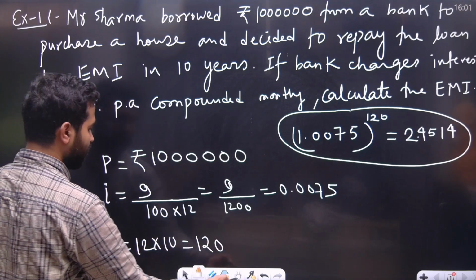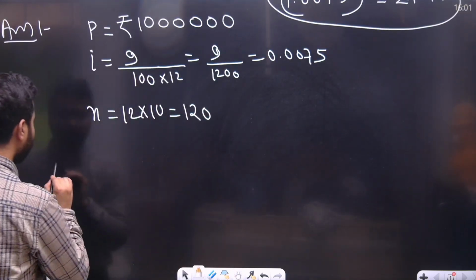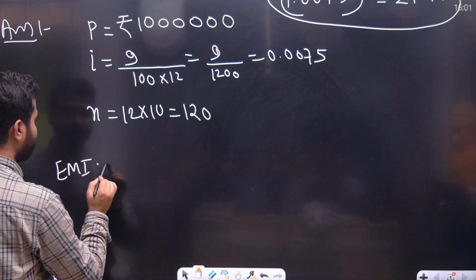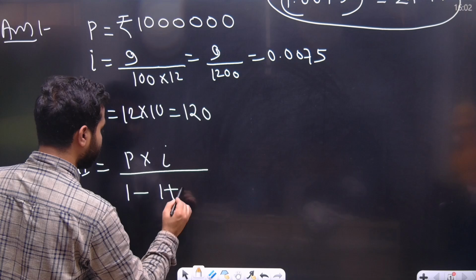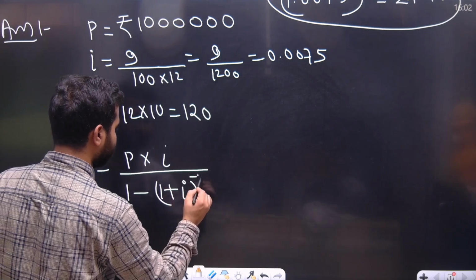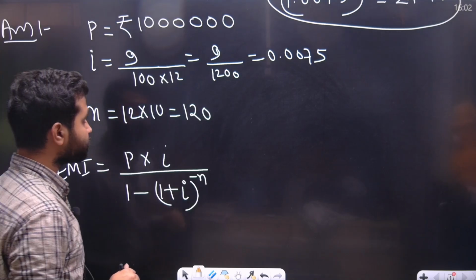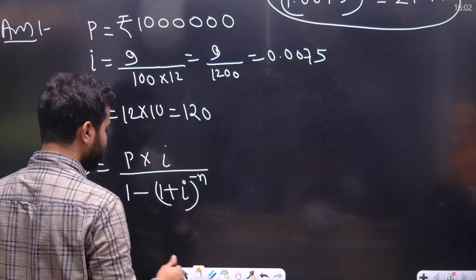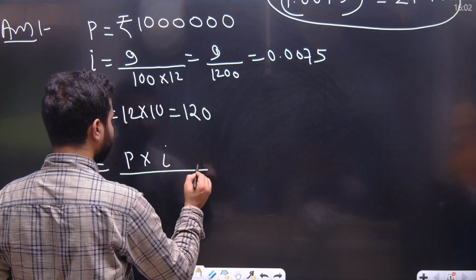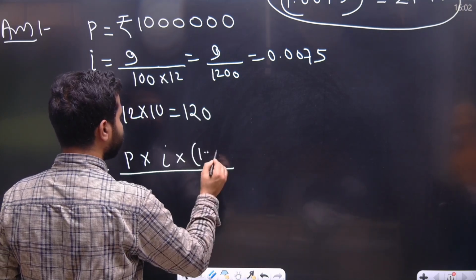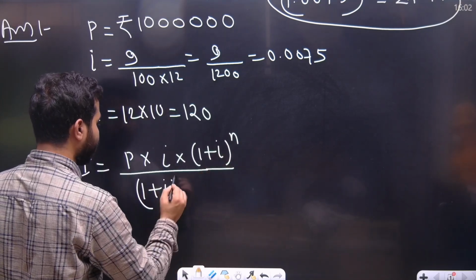Okay, now let's apply the formula. Our formula was P into I divided by 1 minus (1 plus I) whole to the power minus n. Okay, this was your formula. Clear? Or you can also write the first formula. First formula was P into I into (1 plus I) whole to the power n divided by (1 plus I) whole to the power n minus 1.